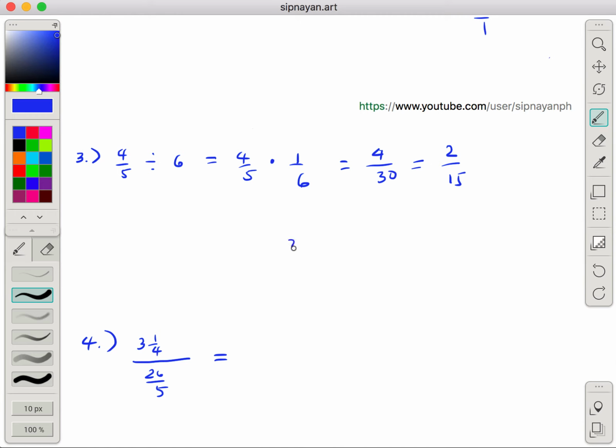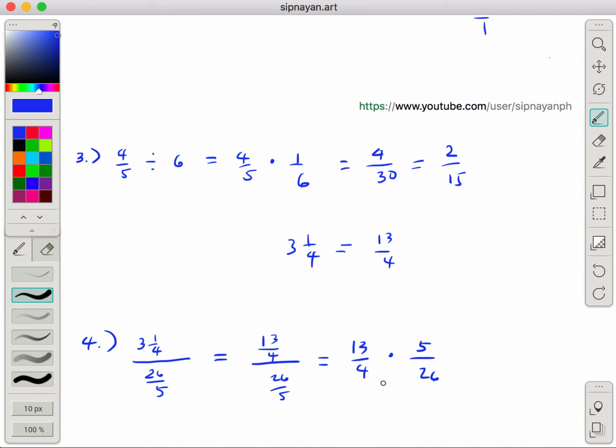So 3 and 1/4 magiging 4 times 3 is 12, plus 1, 13 over 4, di ba? So magiging equal to 13 over 4 divided by 26 over 5, which is equal to 13 over 4 times, what is the reciprocal of this? 5 over 26.